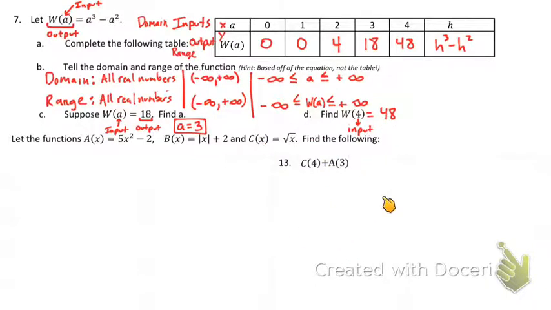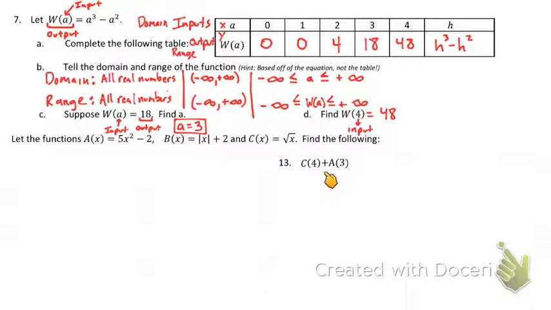Let's jump to number 13. In number 13, you have three different functions. You have function A or equation A, equation B, and equation or function C. What 13 is asking you to do is add two different equations together. Okay?